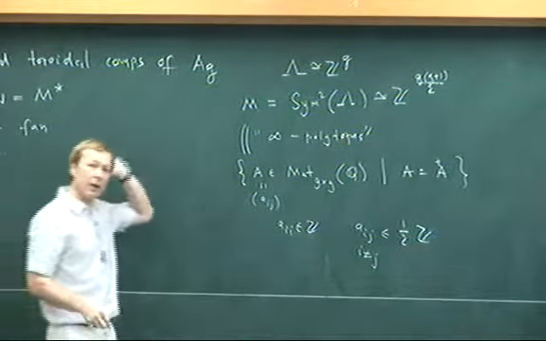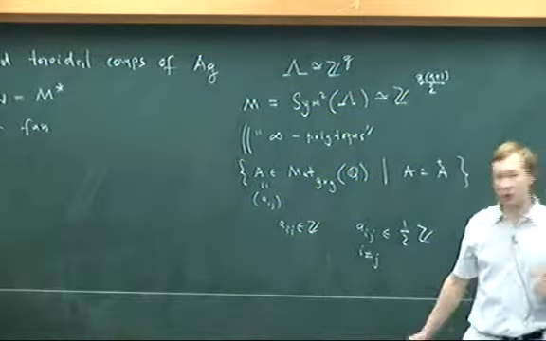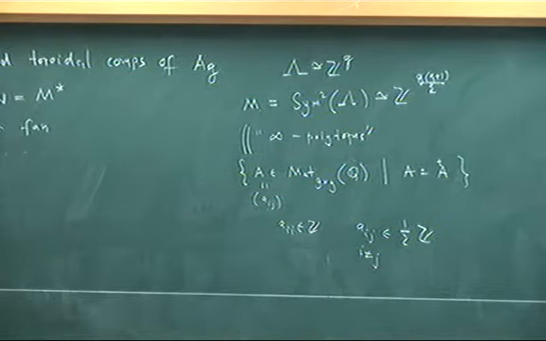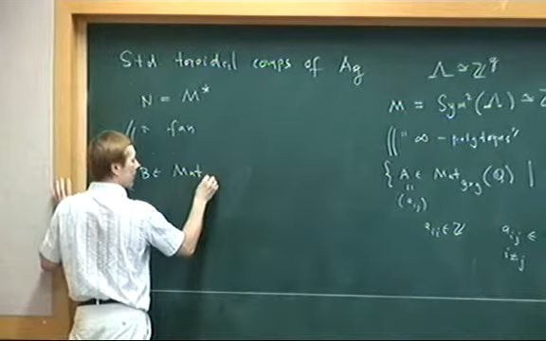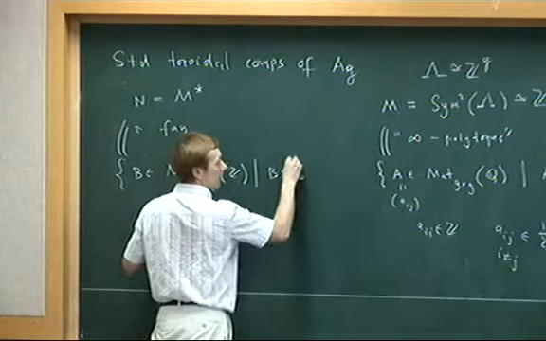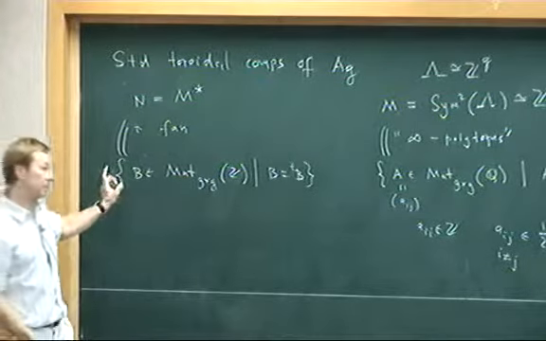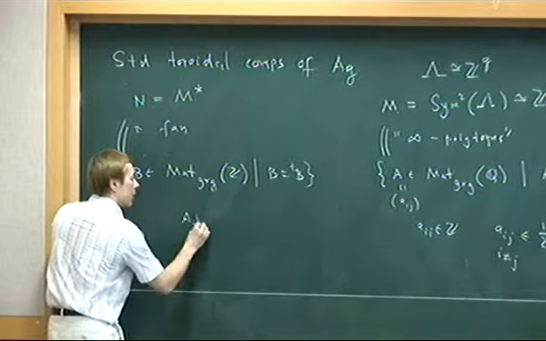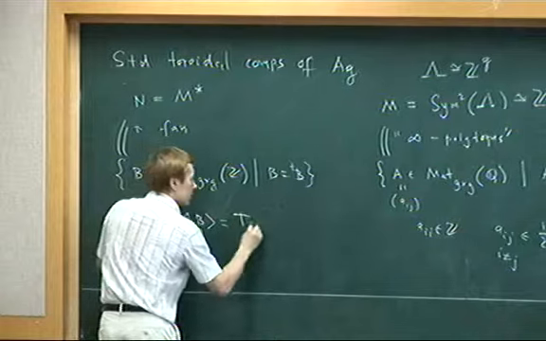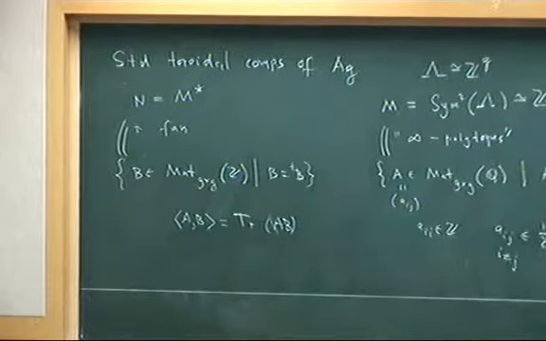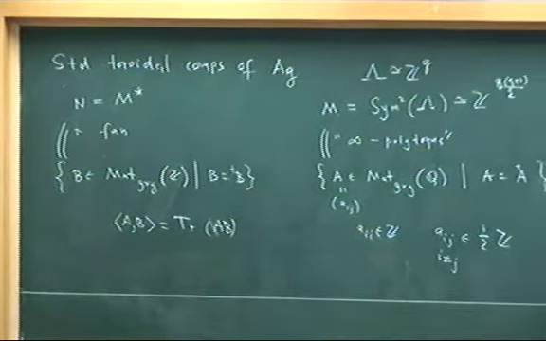They correspond to Z-valued integral quadratic forms, and the dual space is the space of symmetric integral matrices. The pairing between N and M is A dot B equals the trace of AB. So that makes these two lattices dual to each other.